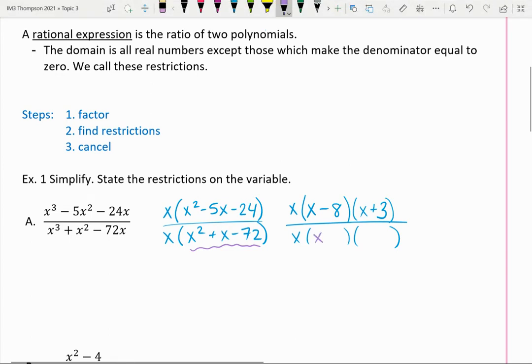The only way to get x squared is x times x. Numbers that multiply to 72. Yeah, there's kind of a lot of them. The ones that are going to work here are 8 and 9. I have to get a sum of 1x. It's going to give me a positive 8 and a negative 9.